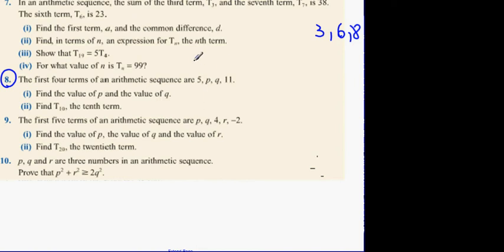Okay, well remember, that's T1, T2, T3 and T4.